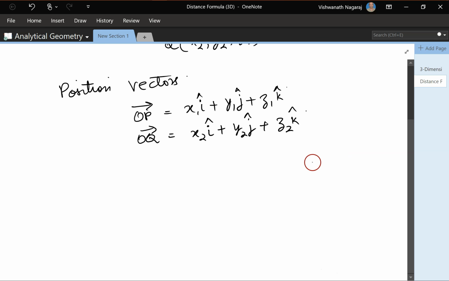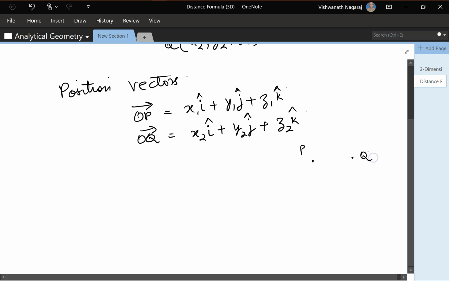Now let's say this is P, this is Q, and this is O. So this is our position vector OP, this is position vector OQ, then this would be our distance between the two vectors PQ. So PQ is equal to OQ minus OP.